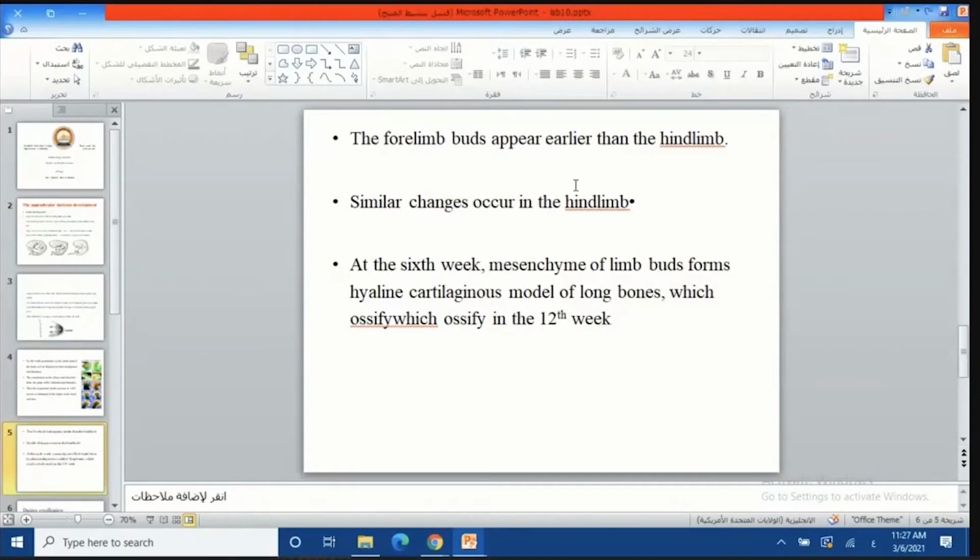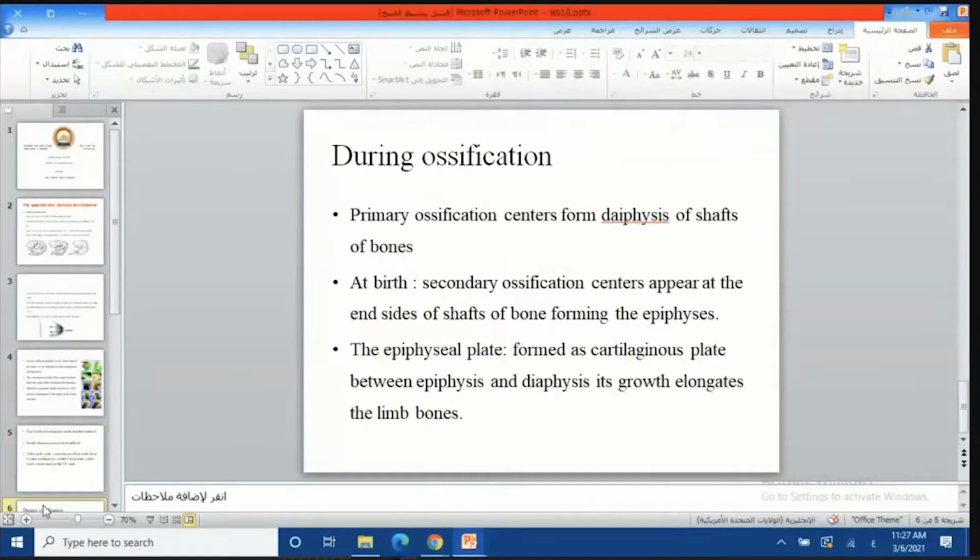Okay, at the 6th week, the mesenchyme of the limb buds forms hyaline cartilage. This is a model of the cartilaginous part of the limb, of the long bones, which will be ossified by the 12th week of gestation. During ossification, the primary ossification centers form a structure we call the diaphysis, the shaft of the bone.